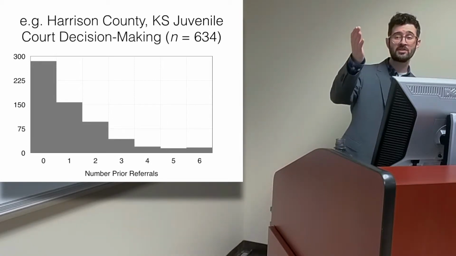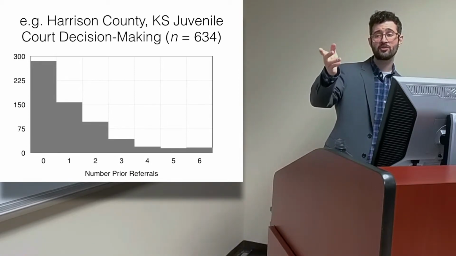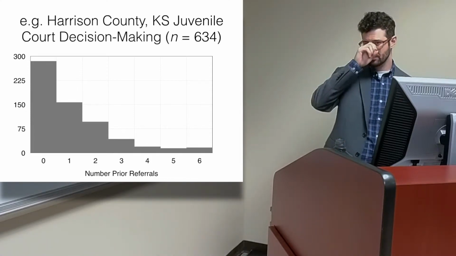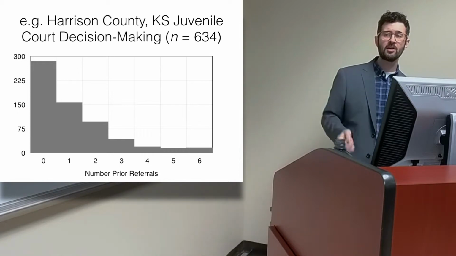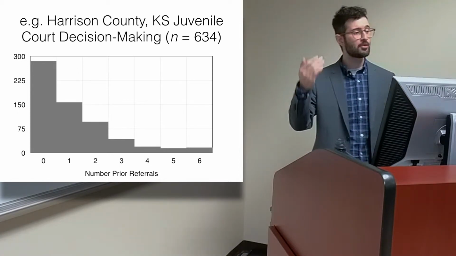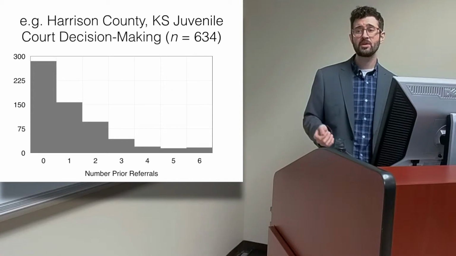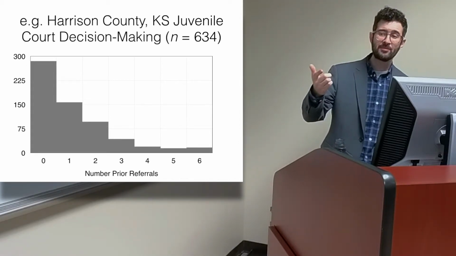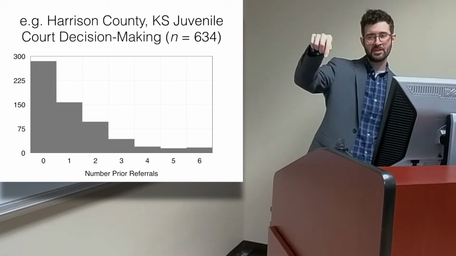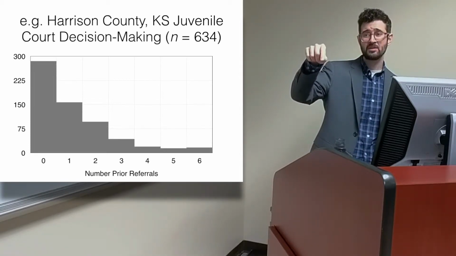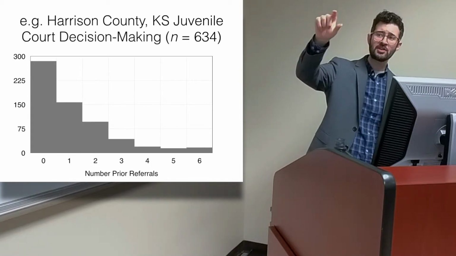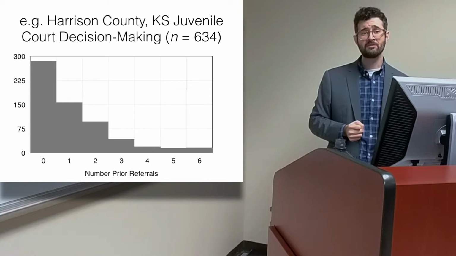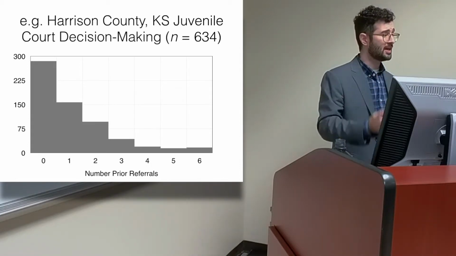So we can see that there's 0, 1, 2, 3, 4, 5, and 6. Each bar represents the number of cases involving youth who had been involved in the court in the past the number of times on the x-axis. So we can see that just under 300 cases involved youth who had been involved in the court in the past 0 times.